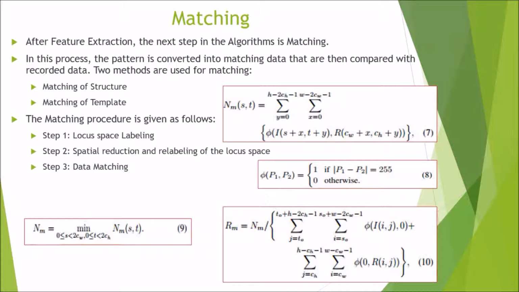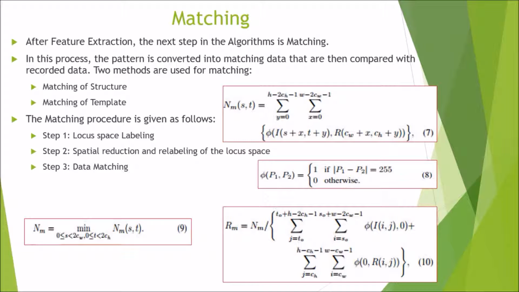The value of mismatch Nm(s,t), which is the difference between the registered and input data at the positions where R(cw,ch) overlaps with I(s,t), is defined as can be seen in equation 7.